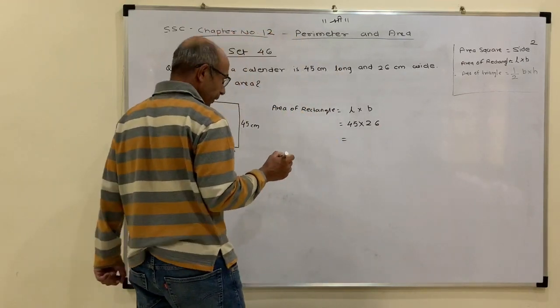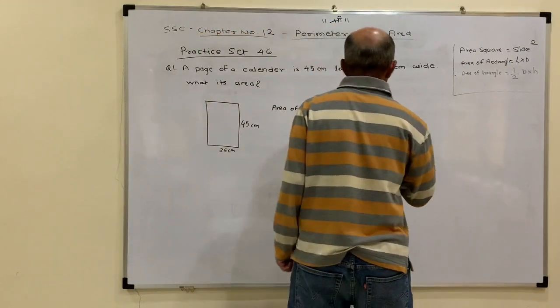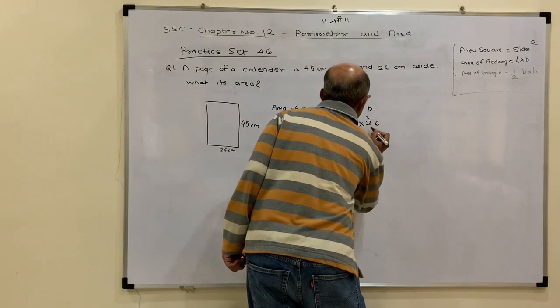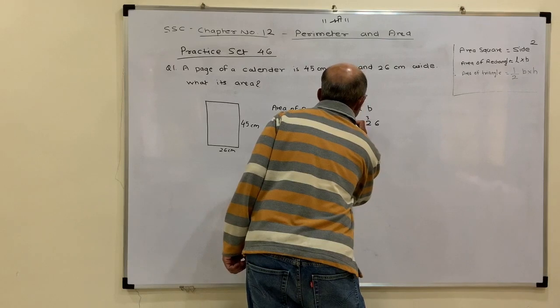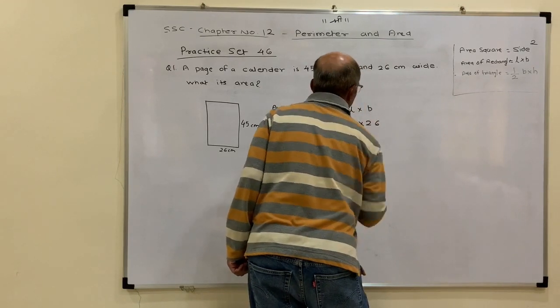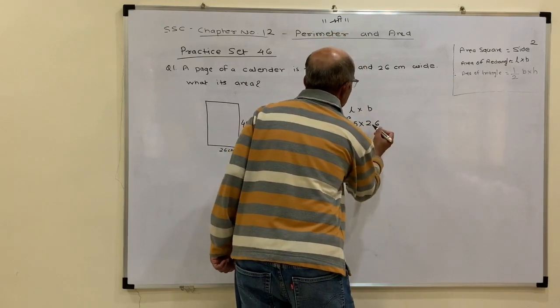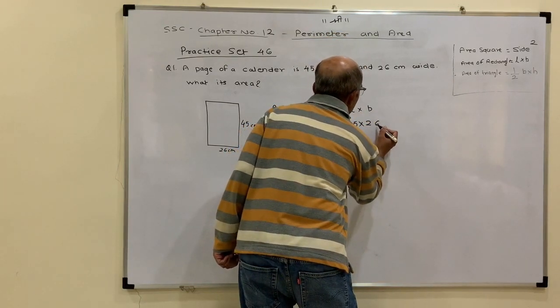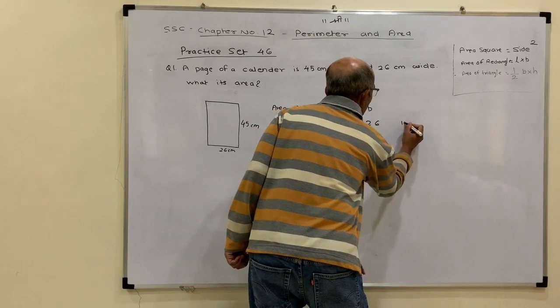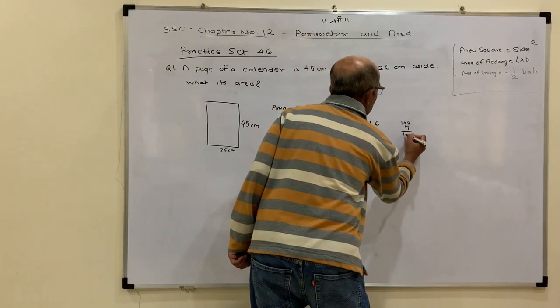So that comes out to be 26 5s are 130, then 26 4s are 104, plus 13, 117.